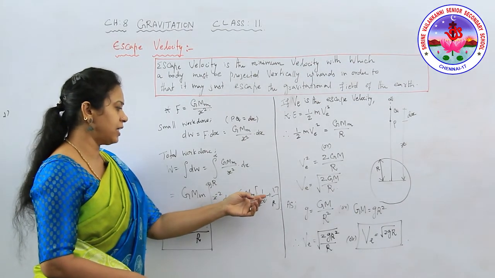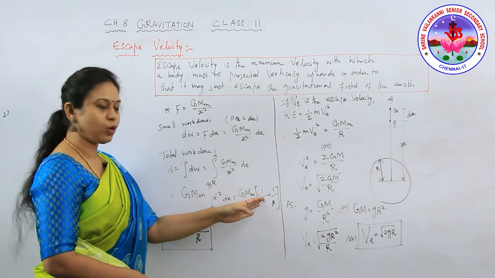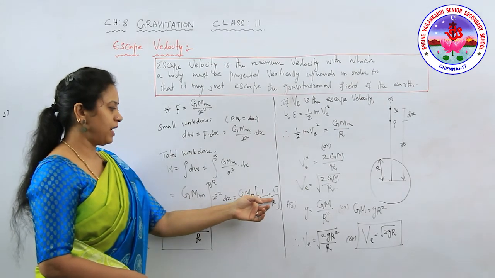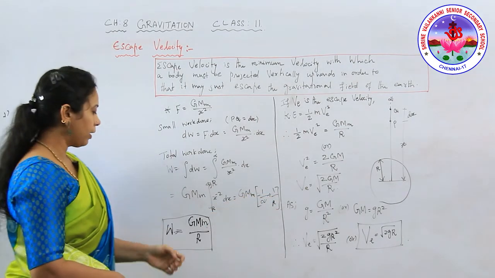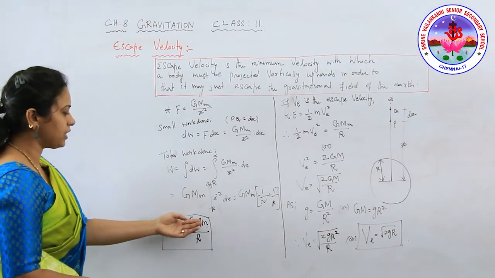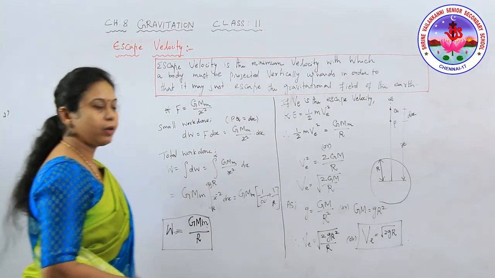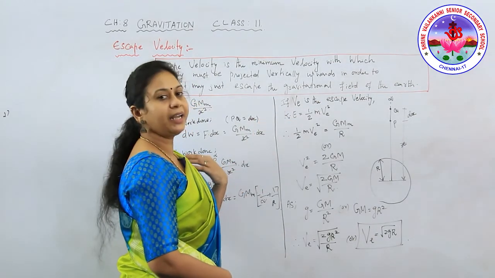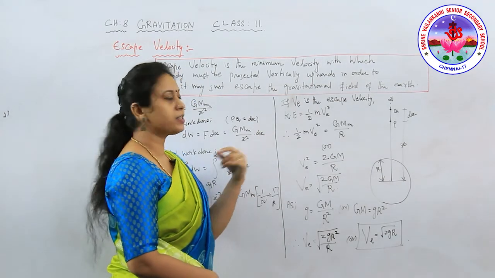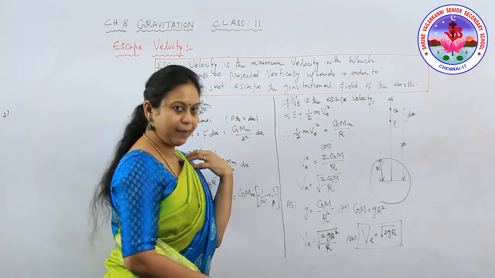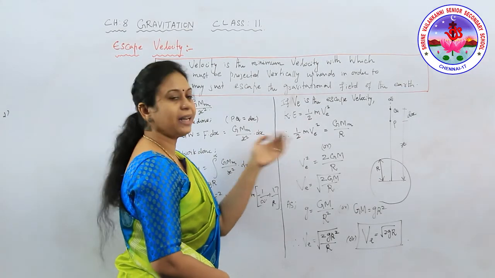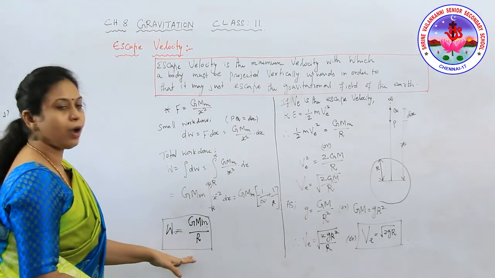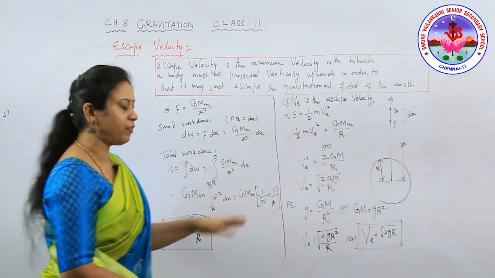Taking the upper limit minus the lower limit, minus 1 by infinity minus of minus 1 by R. Then you finally get W equal to GMm by R. If VE is the escape velocity, then the kinetic energy is half m VE square. Comparing this, we get half m v square equal to GMm by R, the kinetic energy instead of the work.